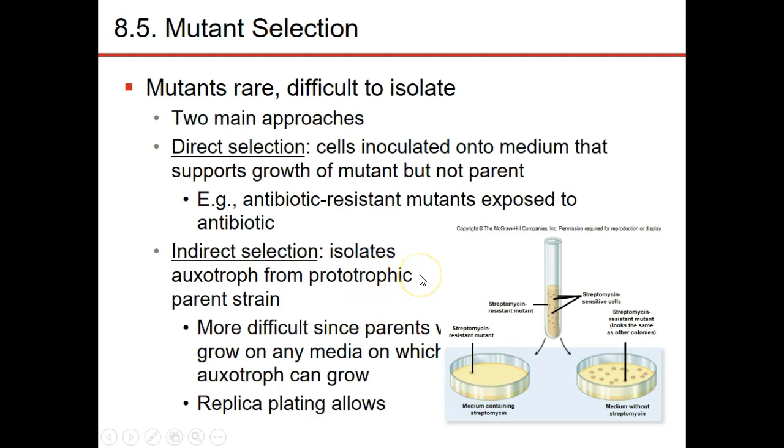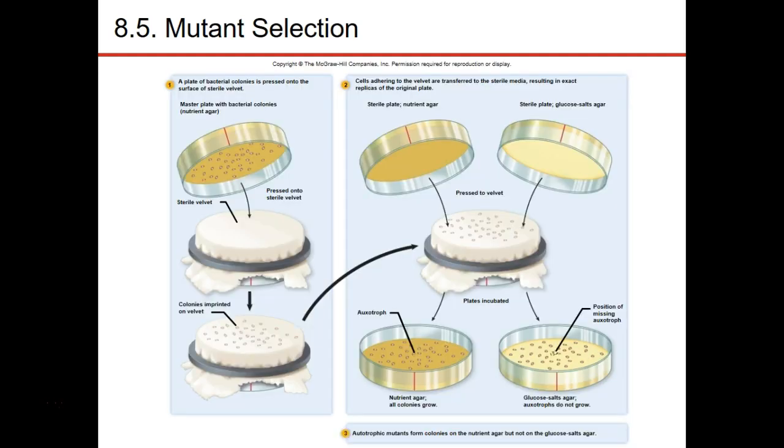Indirect selection is looking for auxotrophic bacteria from their prototroph parent cells. Auxotrophs do not have the ability to grow without certain chemicals. So we use a process called replica plating.